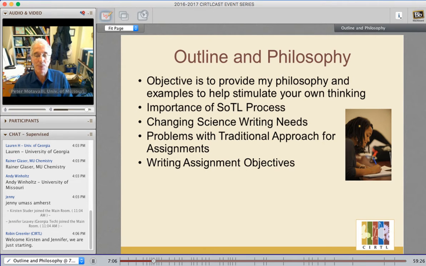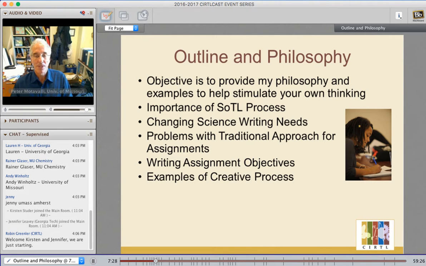Very important in developing writing assignments is thinking about the objectives, what you're trying to do with it. When I develop mine, I have multiple objectives, and so I want to suggest some of those when you're considering developing your own.